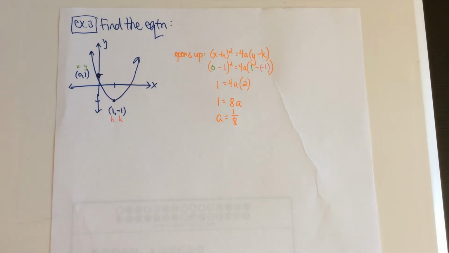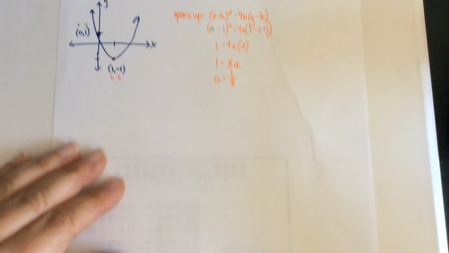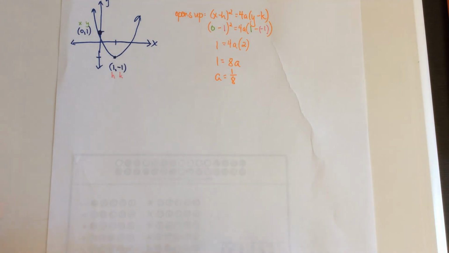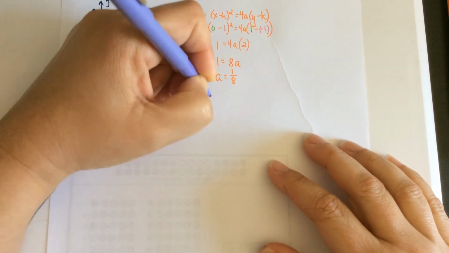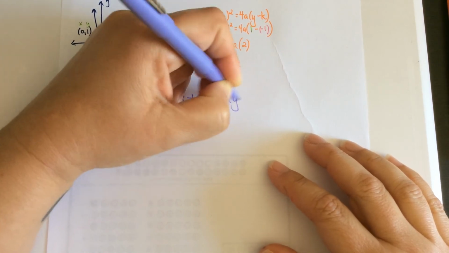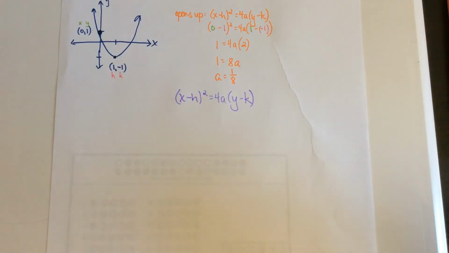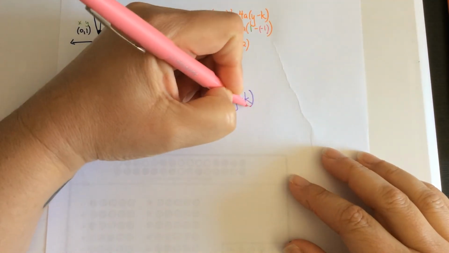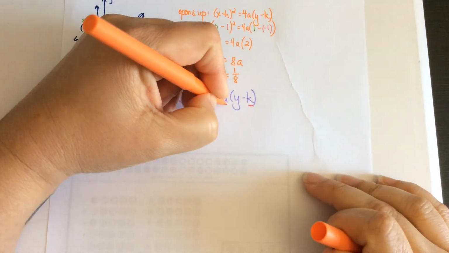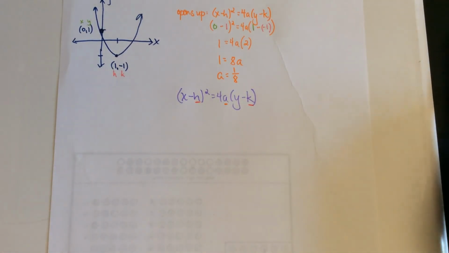Okay, so that's the first step. Find the a value. The next step then is just writing the equation. So I'm going to go back to this original. And I know all of the stuff. I know the h and the k, and now I know the a because I found it, and the x and the y are going to stay.